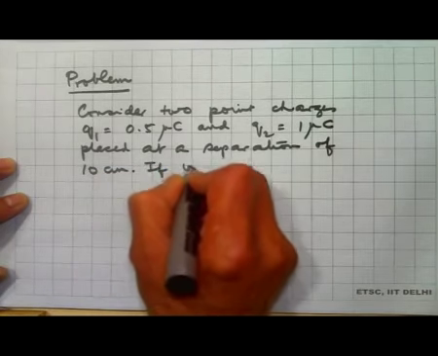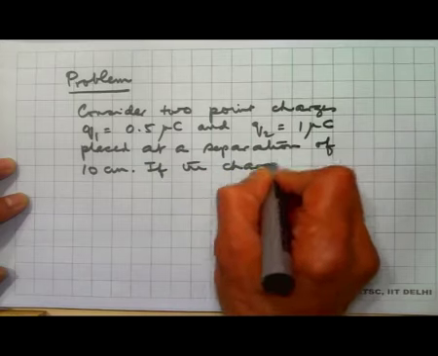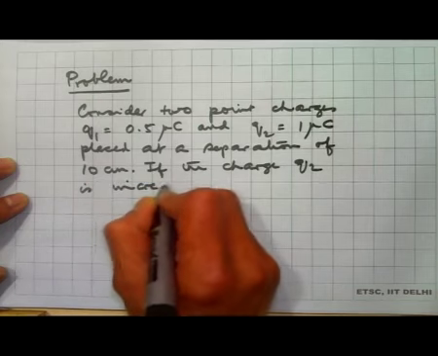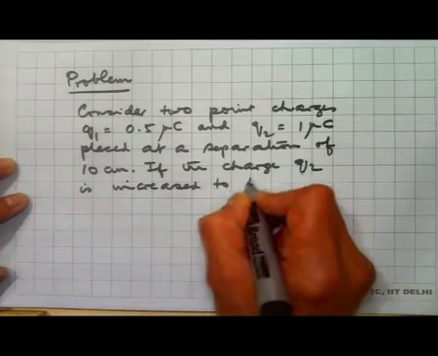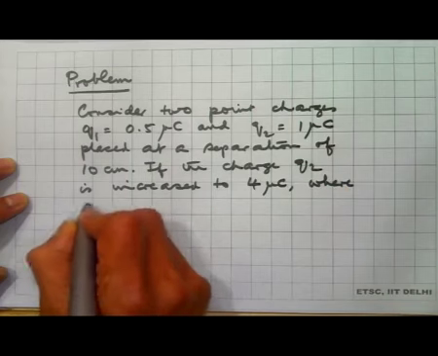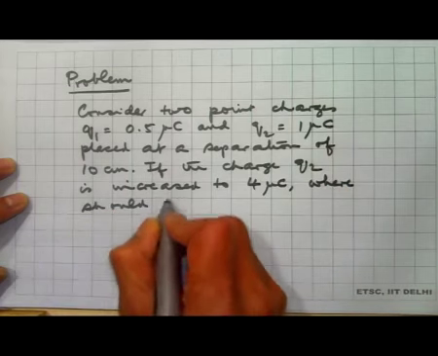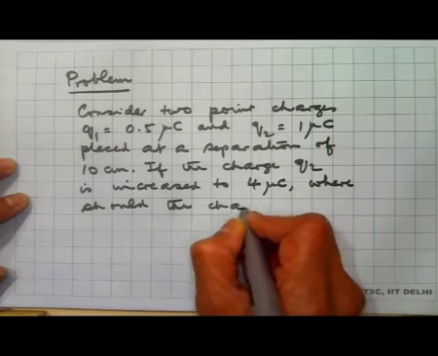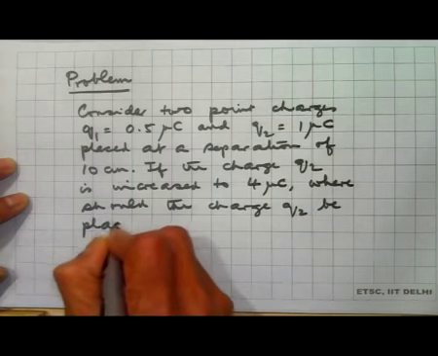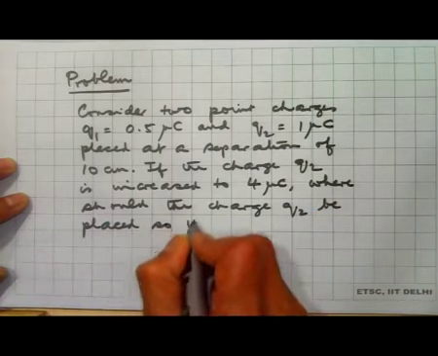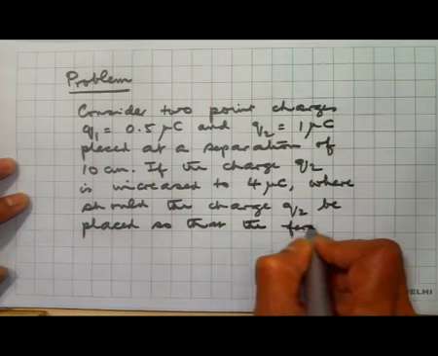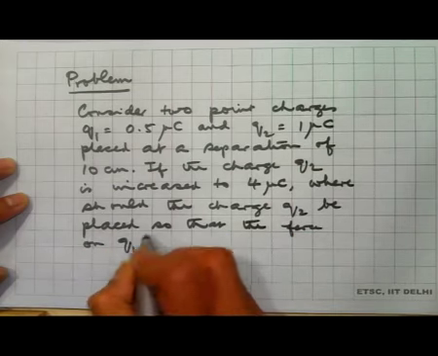If the charge Q2 is increased to 4 microcoulomb, where should the charge Q2 be placed so that the force on Q1 is the same as before?